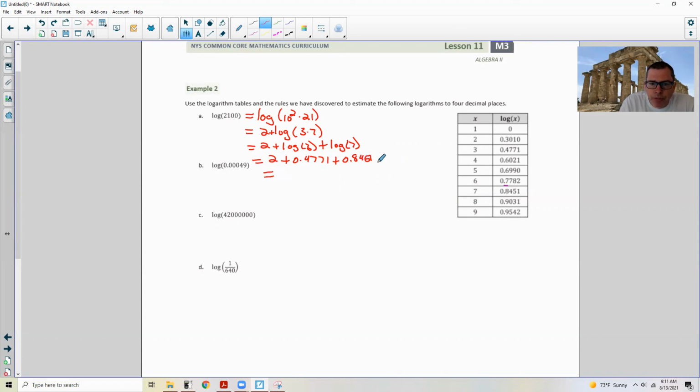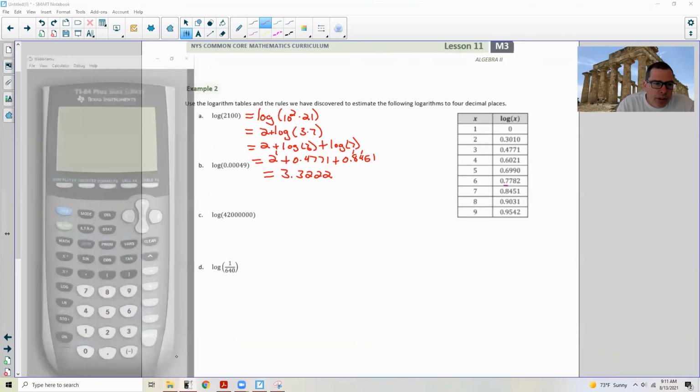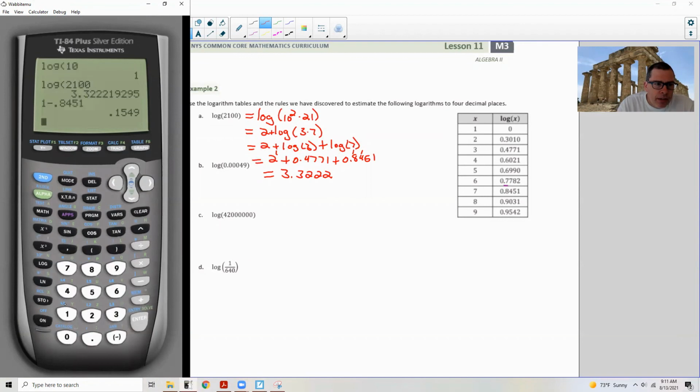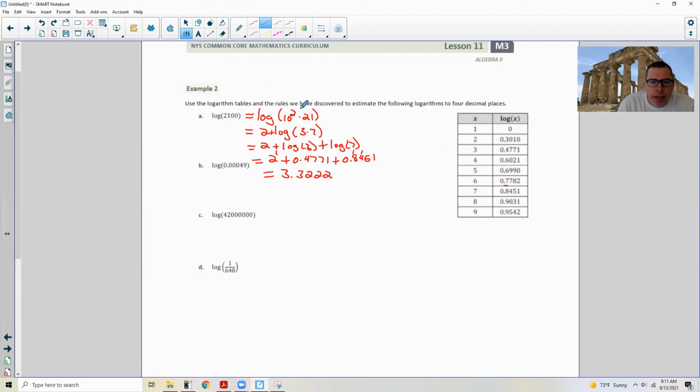We have to work from the right to left. 1 plus 1, 2. 5 plus 7, 12, carry the 1. 5 plus 7, 12, carry the 1. 8 plus 1 is 9, 9 and 4 is 13, carry the 1, and we get 3.3222. Just going to check this just in case. And there it is. The log of 2,100 is 3.3222. All right. So that being said, now let me do the next one.